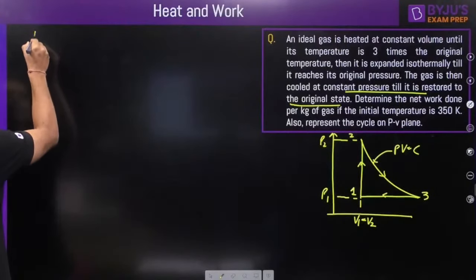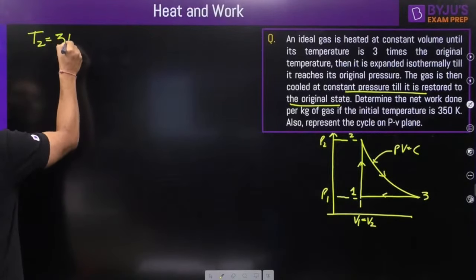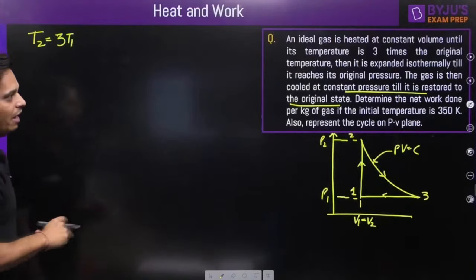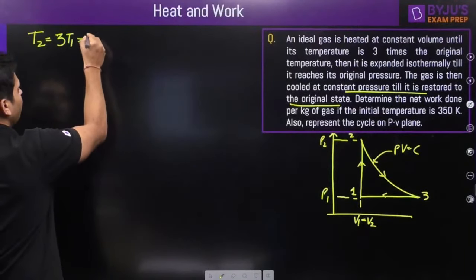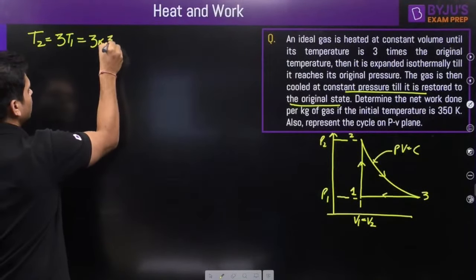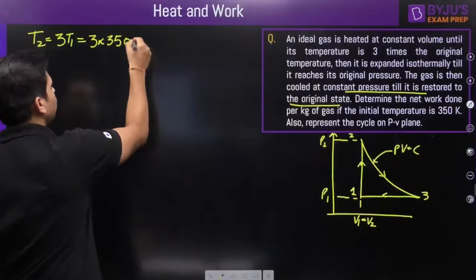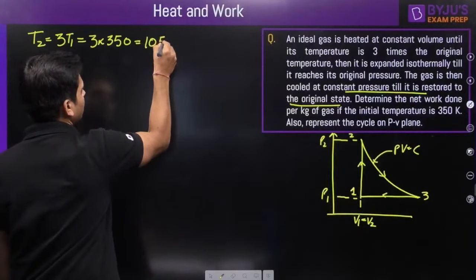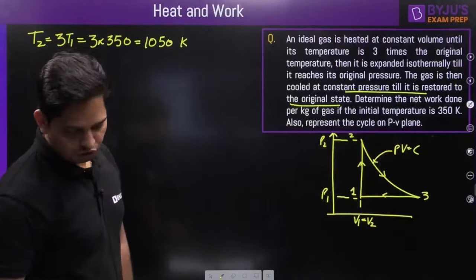They are giving that T2 is equal to 3 times T1 and T1 is given as 350. So this is 350 into 3, which is 1050 Kelvin, right?